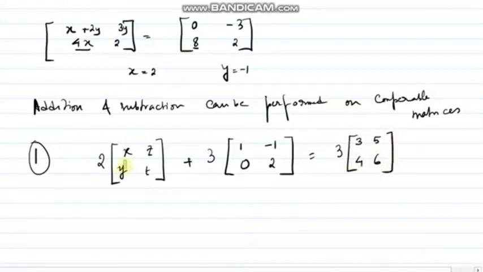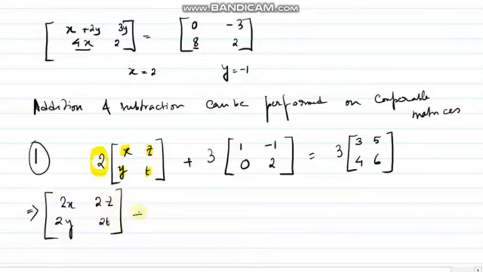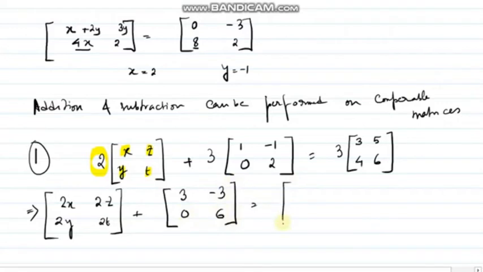For scalar multiplication, all these elements we have to multiply by this 2. So I will write [2x, 2z; 2y, 2t] plus, again, all the elements multiplied by 3: [3, -3; 0, 6], equals on the right-hand side [9, 15; 12, 18], right?